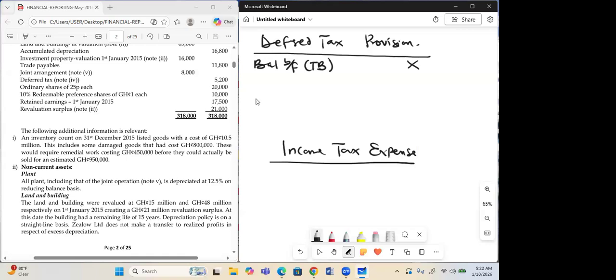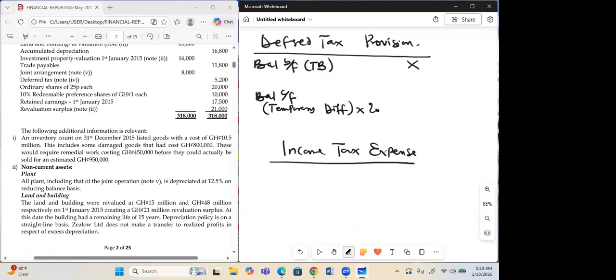So in the closing balance, you come here and say balance carried forward. To get this closing balance, you multiply the temporary difference times the tax percentage.